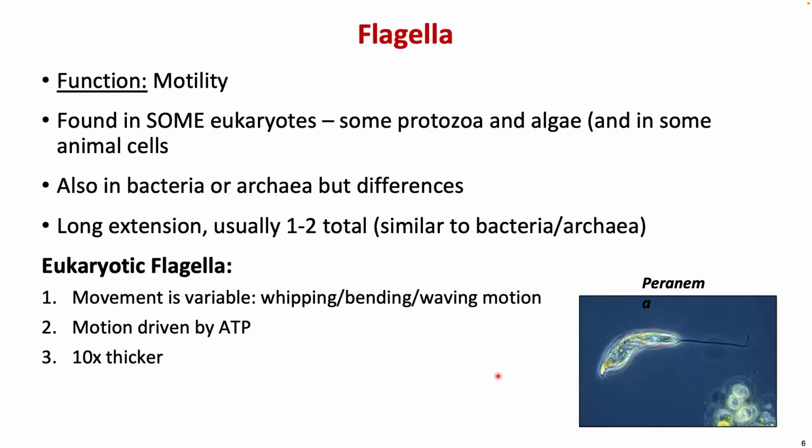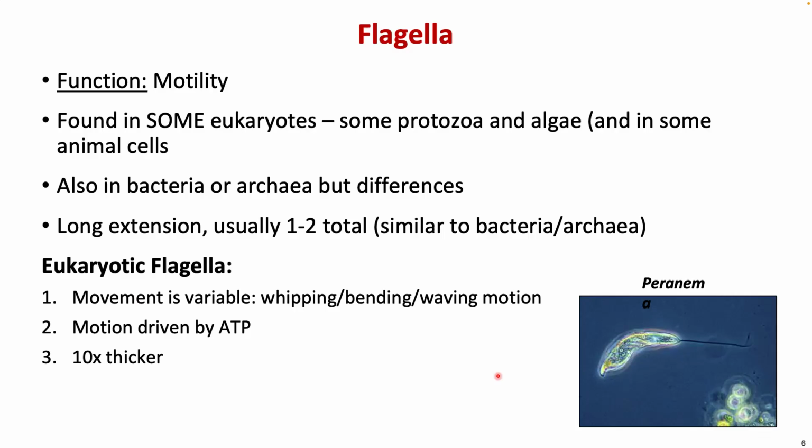So the flagella's function is also for motility or movement, and it's found in some eukaryotes and some protozoa, and also in bacteria and archaea, but there are actually differences among them. It's a long extension, usually 1 to 2 in total.